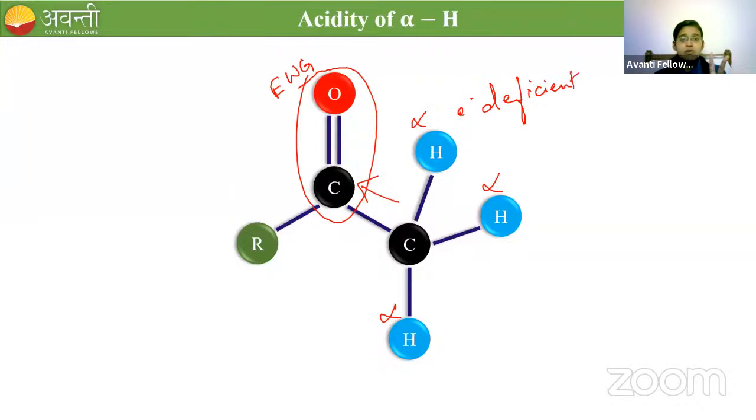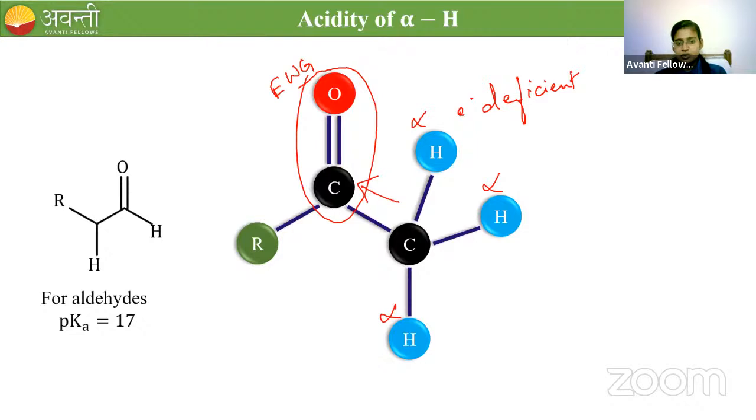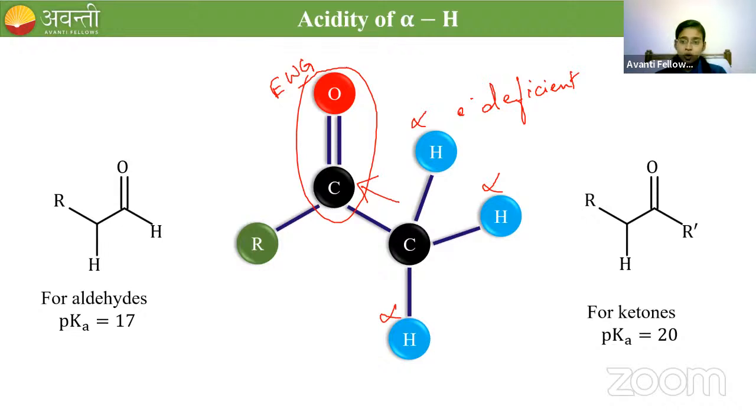But we are discussing two compounds. One is aldehyde and the other one is ketone. For aldehydes, the pKa value is 17 and for ketone, the pKa value is 20. If the pKa value is greater, then the acidity is lower.